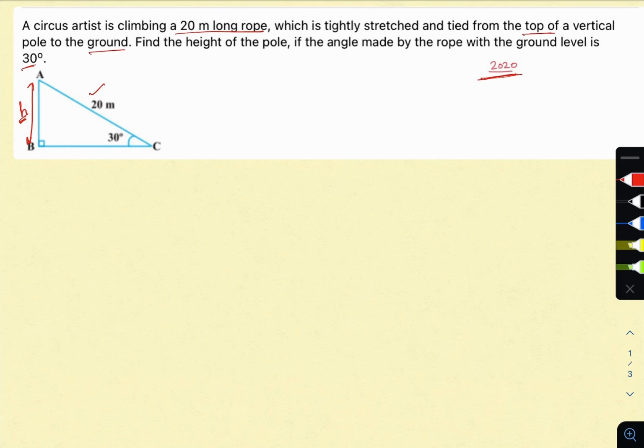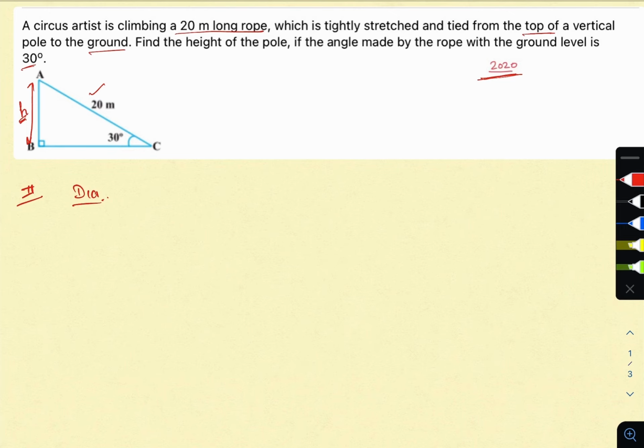So listen to one thing very carefully. Either the figure is given in the question itself, or you have to construct the figure. In both scenarios you have to draw a neat and clean figure or diagram in your answer sheet, whether it is given or not given.